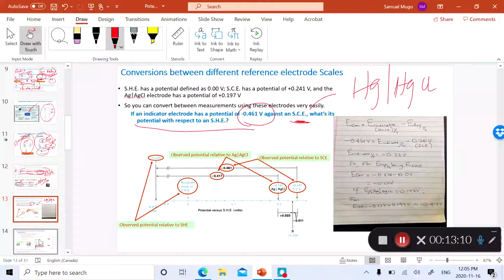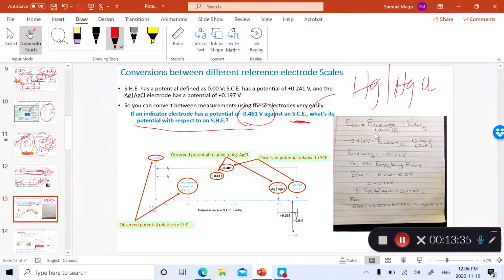And we know that the saturated calomel electrode has a potential of 0.241 V. So essentially, if you're asked to calculate the E of the cell with respect to the standard hydrogen electrode, you can do a very simple relationship.